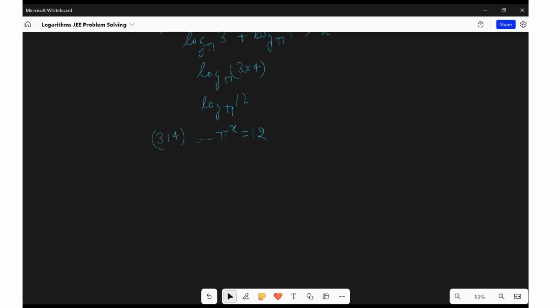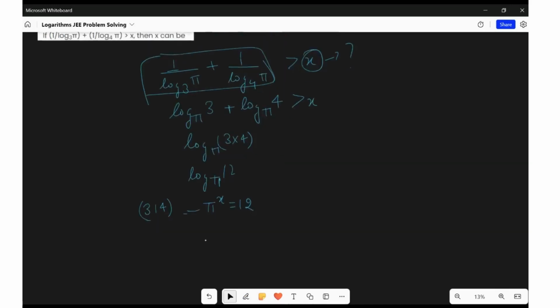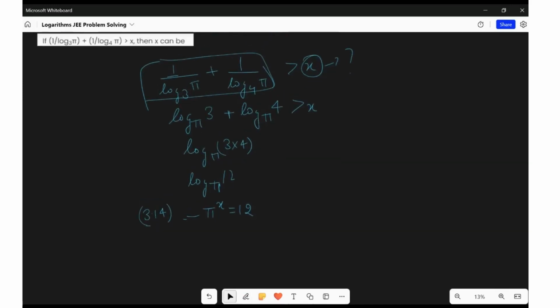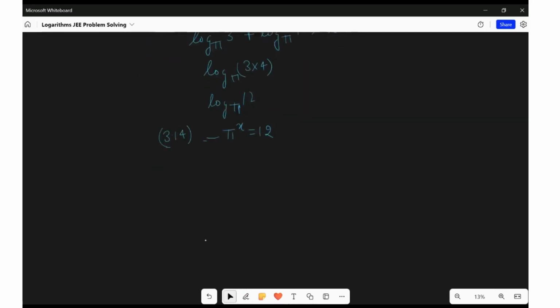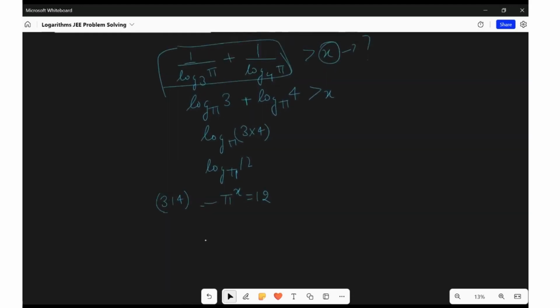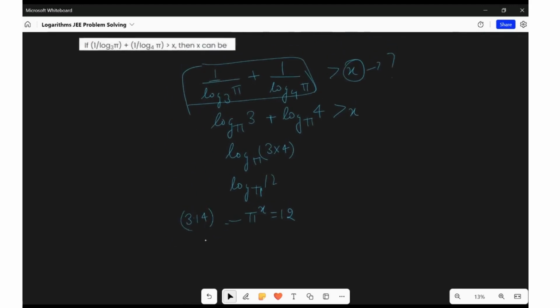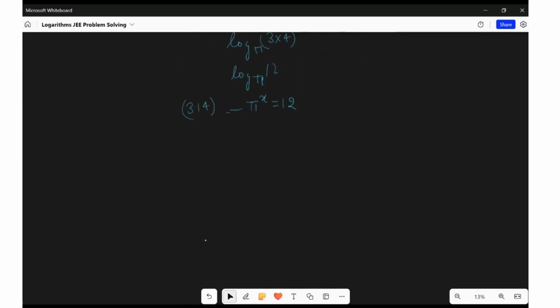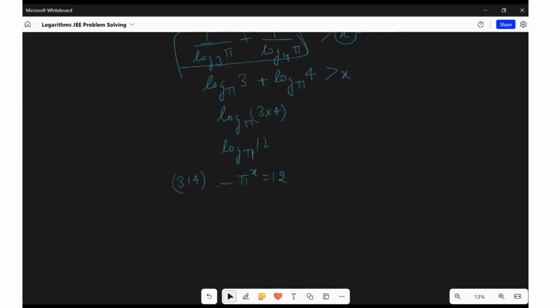Now if we square it, it's nearby 9 maybe, yeah. And if we cube it, then it's around 27. Now we need 12, so it will be approximately around 2 point something, yes.